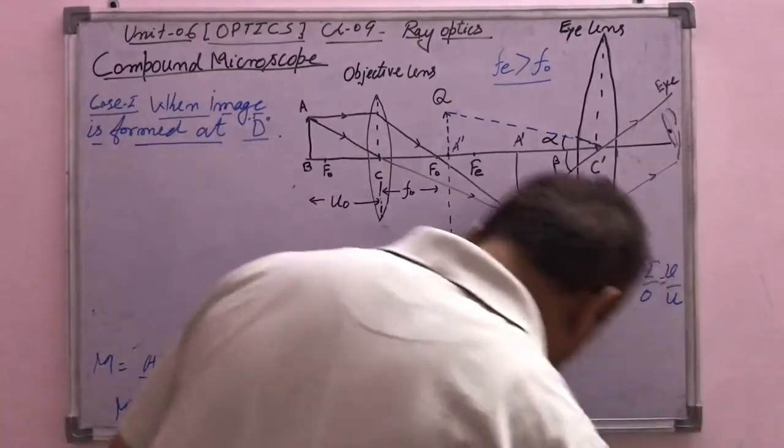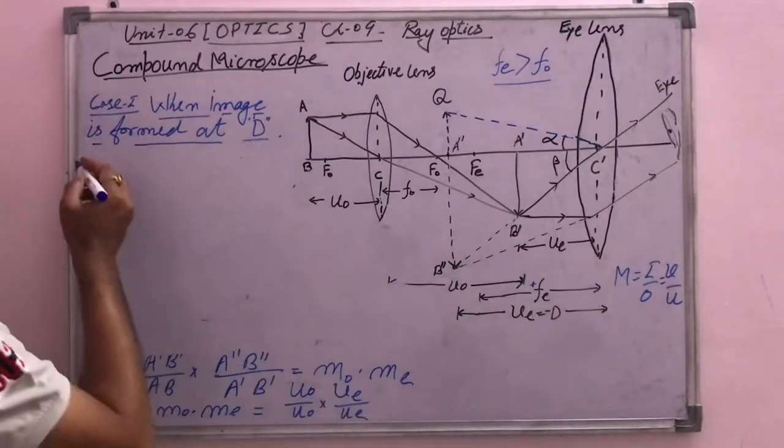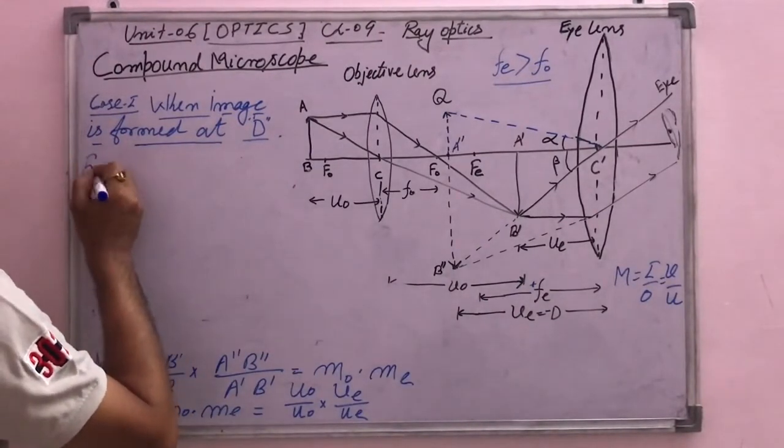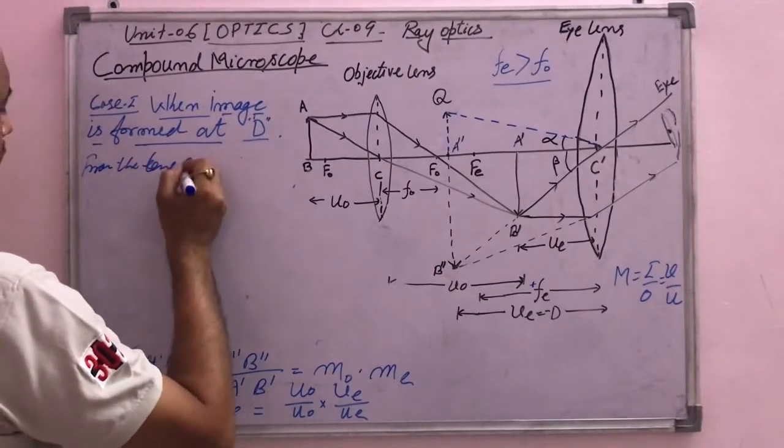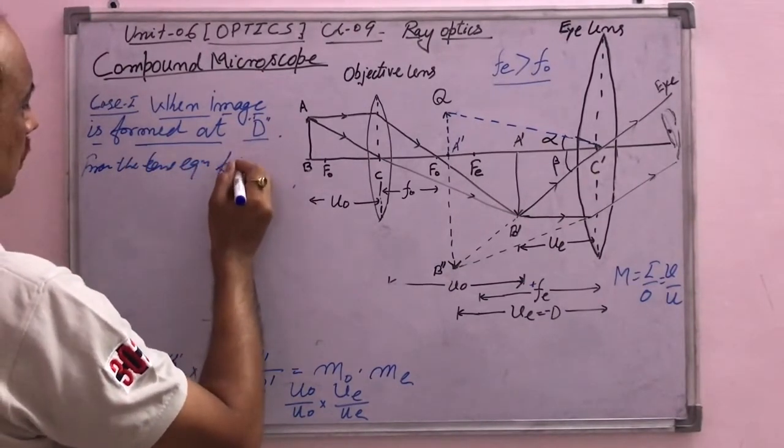Now next we have to write here, from the lens equation for the eye lens.